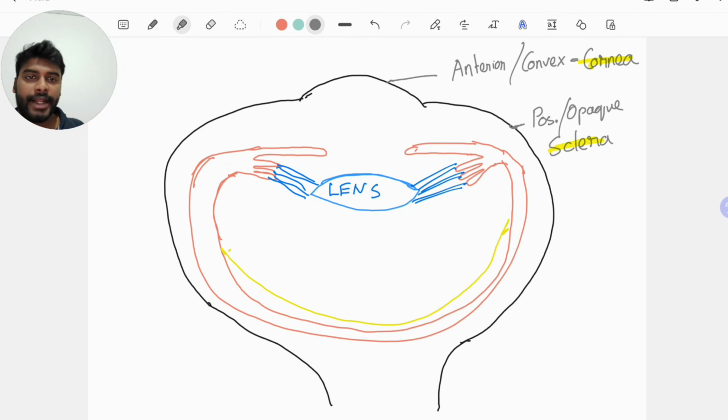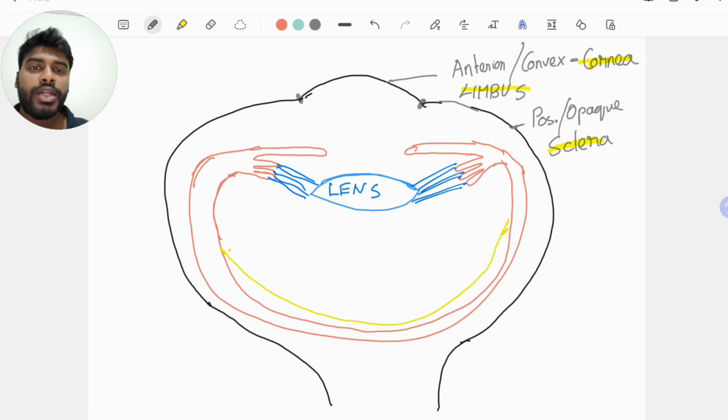And we already studied this junction where the sclera and the cornea attach. This junction is called the limbus.